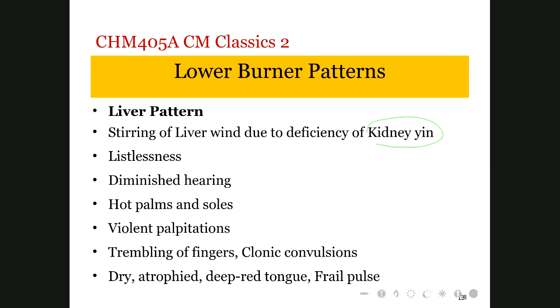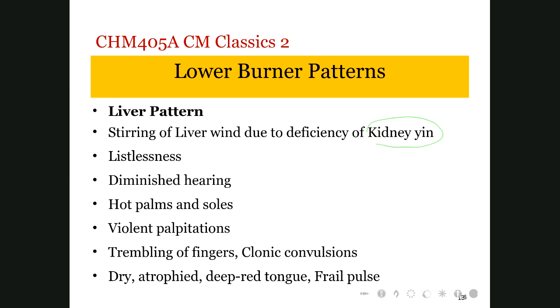The palpitations are usually very scary because they are very pounding and fast, looking like jumping out of the body, calling for rescue, for help. Trembling fingers and chronic convulsions could happen, as well as a dried, very shrunken, dehydrated tongue, looking like somebody just used a vacuum machine on it, causing a size change of the tongue, and a very deep crimson red tongue can come out. Some tongues look like a piece of liver, very unpleasant.